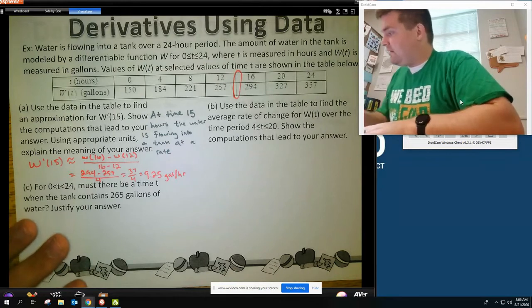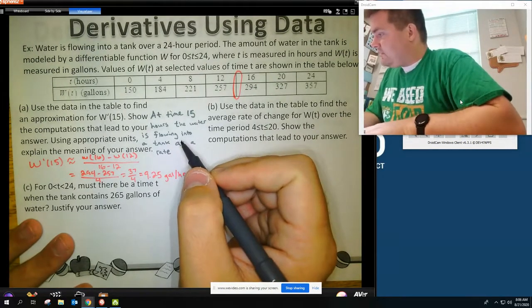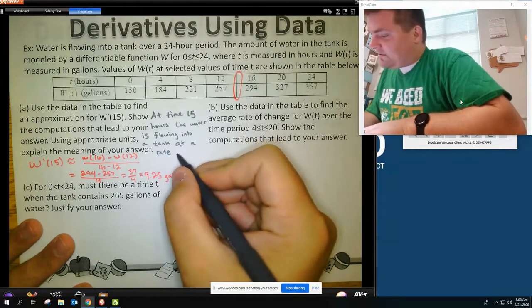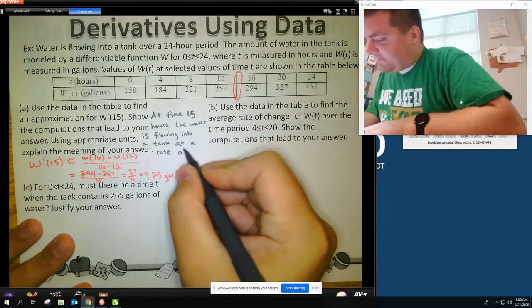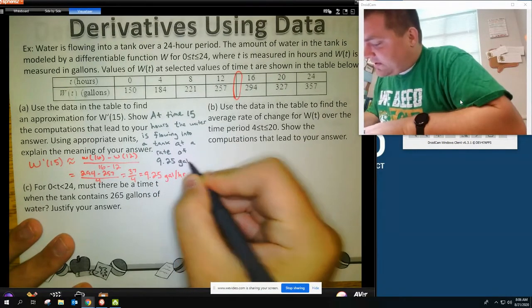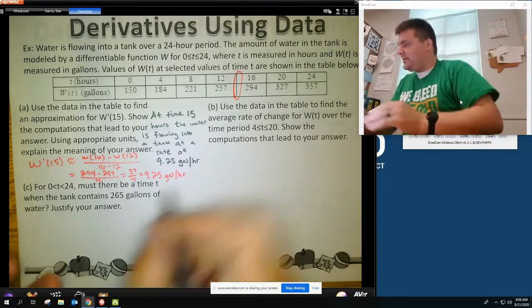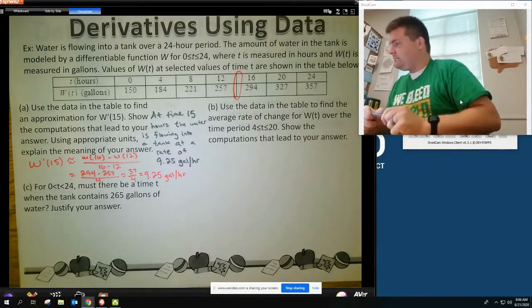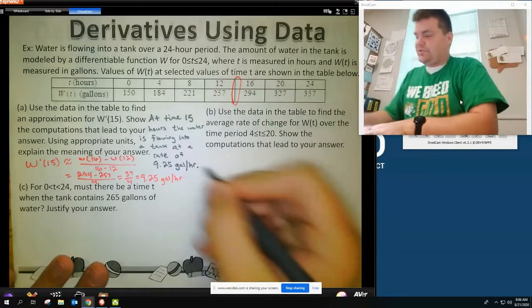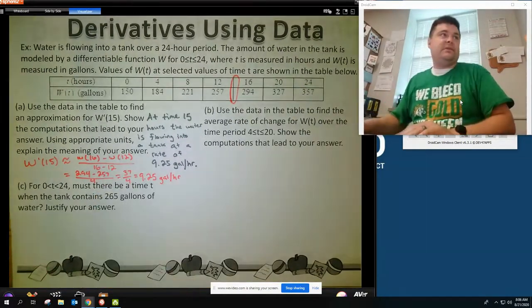At a rate of 9.25 gallons per hour. All right, and there you go. So this is what this W prime of 15 represents.